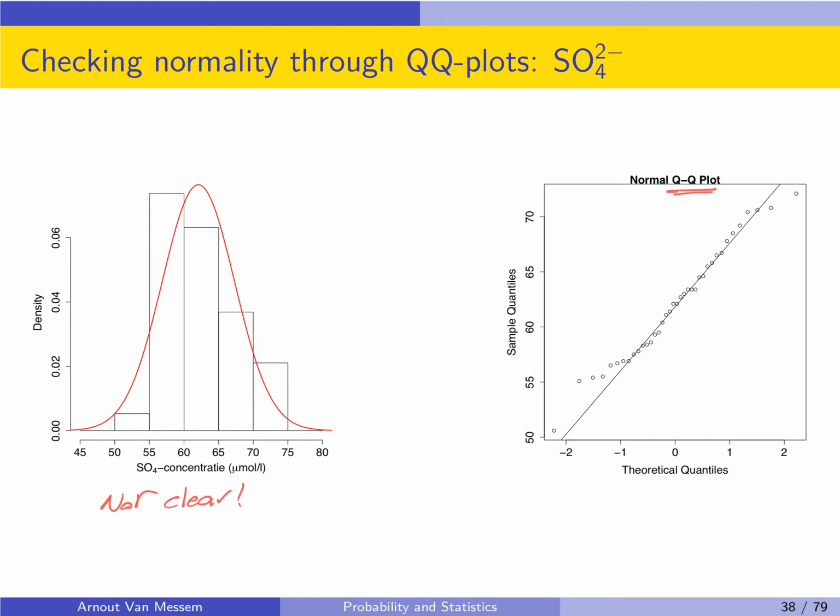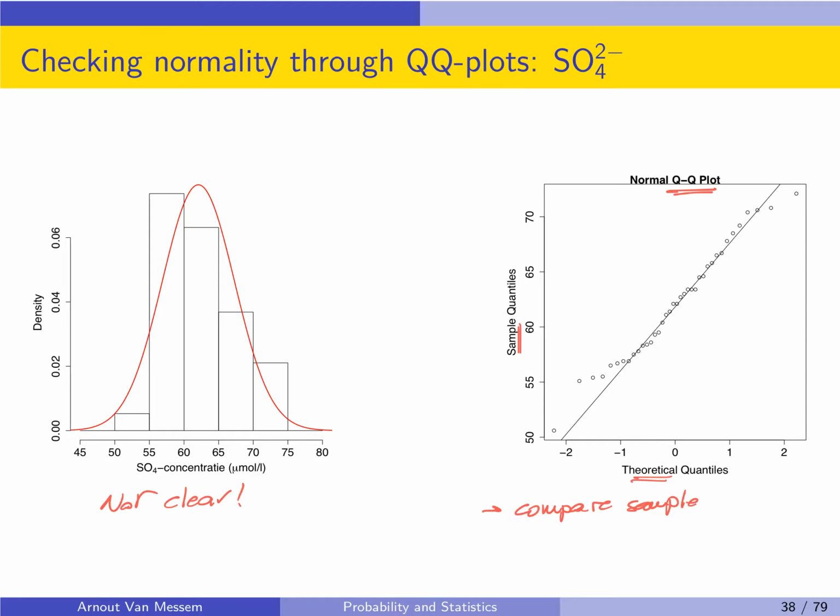A QQ plot is a quantile plot. So on the one axis, you plot the theoretical quantiles, so the ones that you would expect in theory. On the other axis, you plot the sample quantiles, so the ones that you get from your sample. And then if your distribution is the same as the theoretical distribution, then the points that you draw should be on a line.